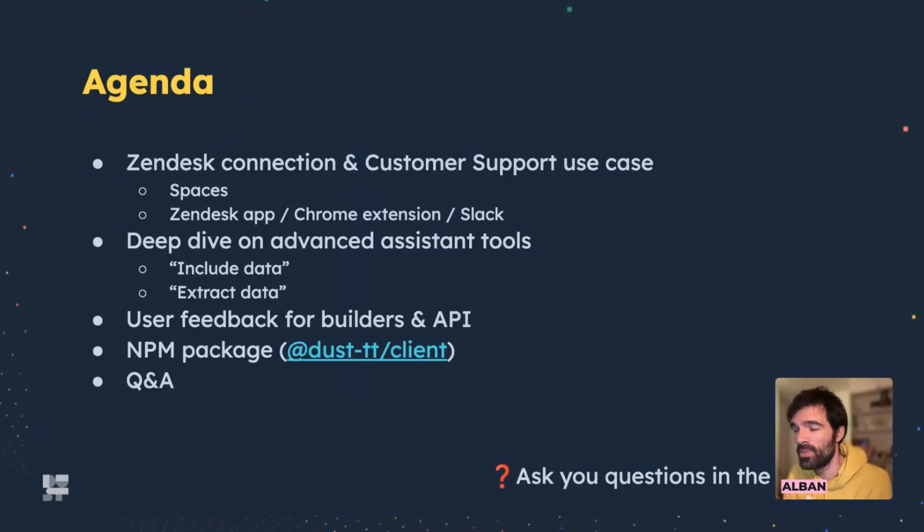We'll talk about the users' feedback for builders, which you can use through the API as well, meaning the smaller version of that is thumbs up, thumbs down that we added a few weeks ago. We'll talk about the NPM package if we have some developers in the audience, and then I'll answer some Q&A. I think we won't take the full hour today. The agenda is pretty light.